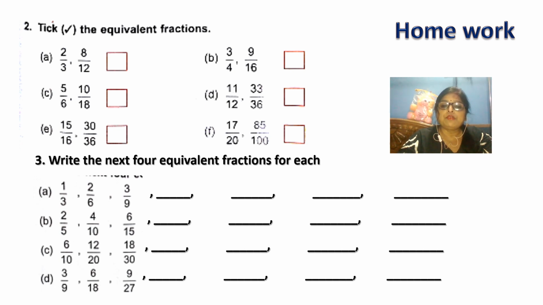Now you have to find out the further equivalent fractions. So in the first question, 4 by 12, 5 by 15 and 6 by 18. In this way, you can find out the equivalent fractions. So these all are about the classwork and homework. Take out your copy, follow the process and do the work neatly.